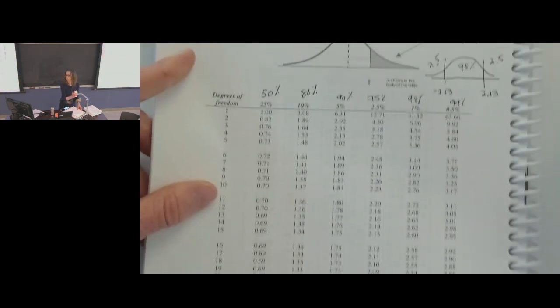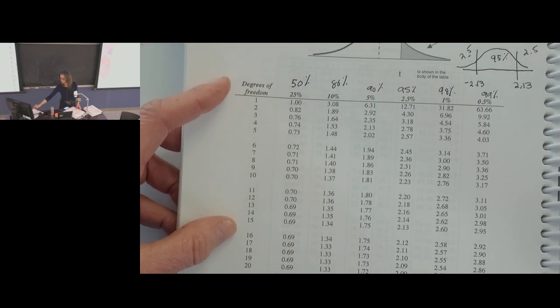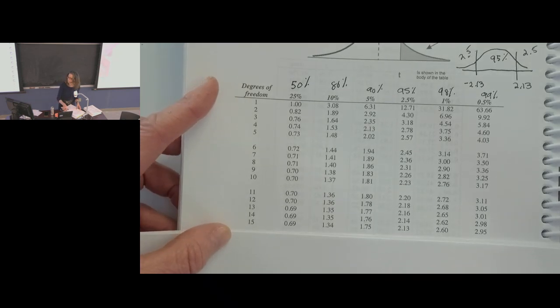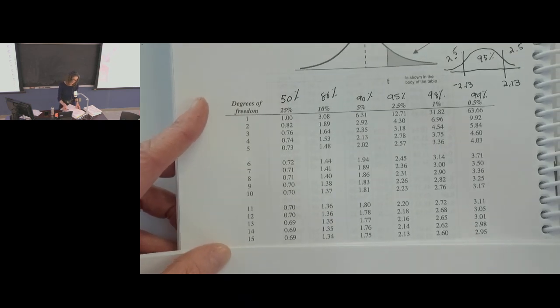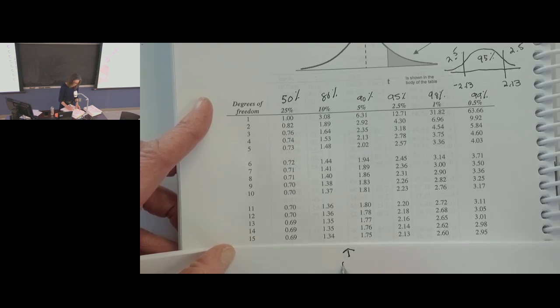First of all, 15 degrees of freedom, so ignore everything except this line, 15 degrees right here. Ignore everything else. You're just looking at this line, and you're trying to find 1.61, that's our t. So you go across, and you see how 1.61 is in between these two values.